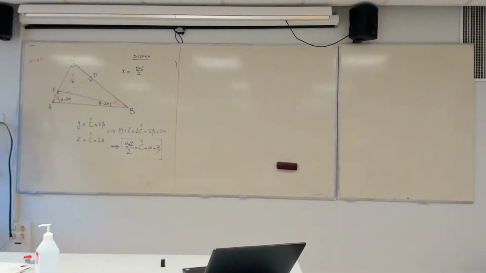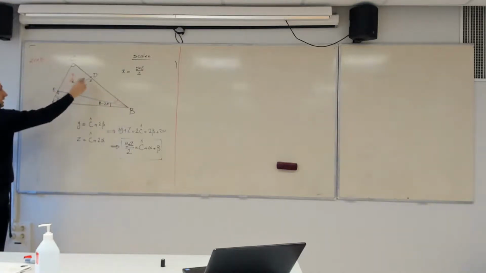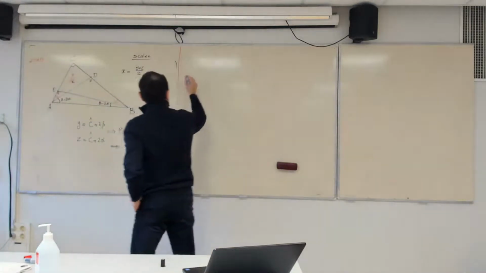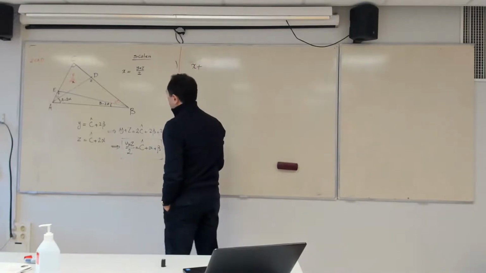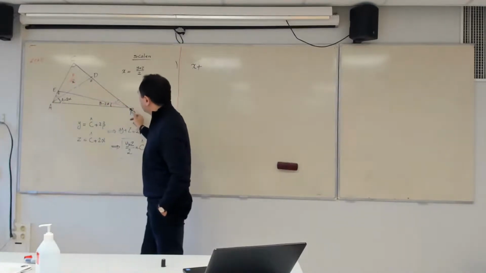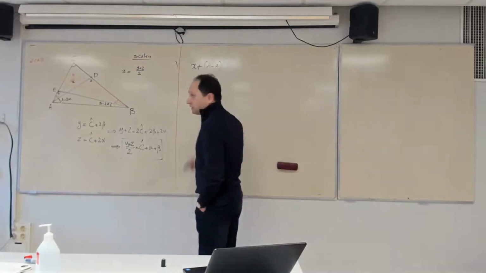Agree? But now, look at this triangle, the red one, AFB. What can I write? I can write the angle x plus, this angle is how much from here to here? I am looking at this triangle. x plus A minus 1 alpha, not 2 alpha. Yes?